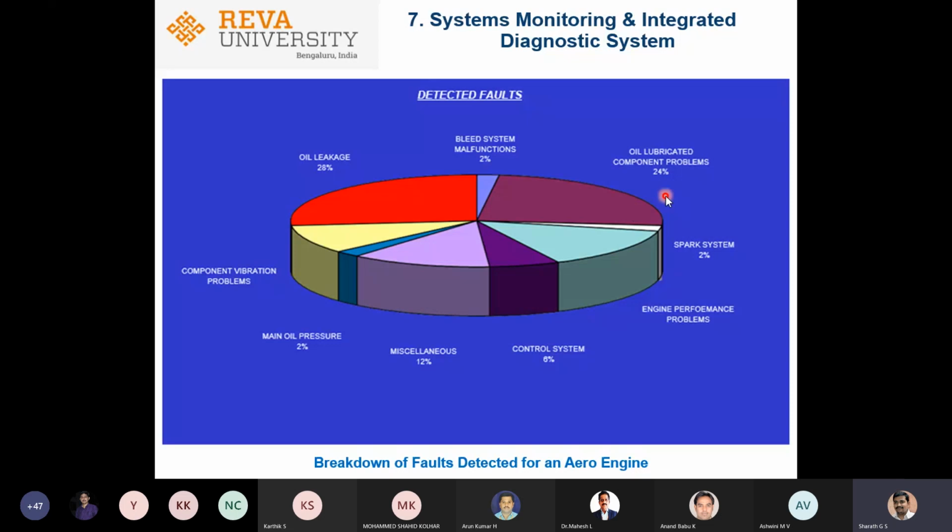Oil lubricated component problems are high in number at 24%, and oil leakage is 28%. That's why I have emphasized this. These are the major problems that normally occur in flight operations, whether it is civil aircraft or military.